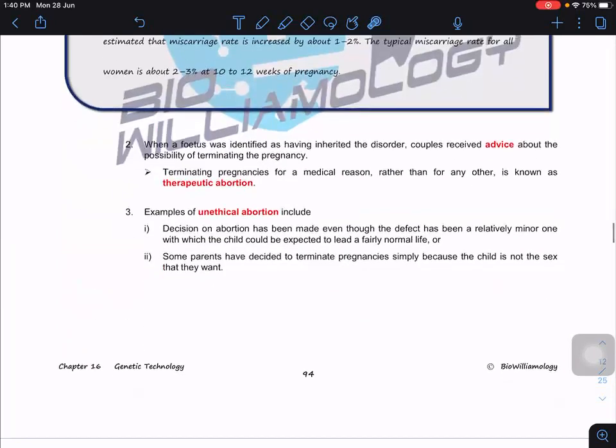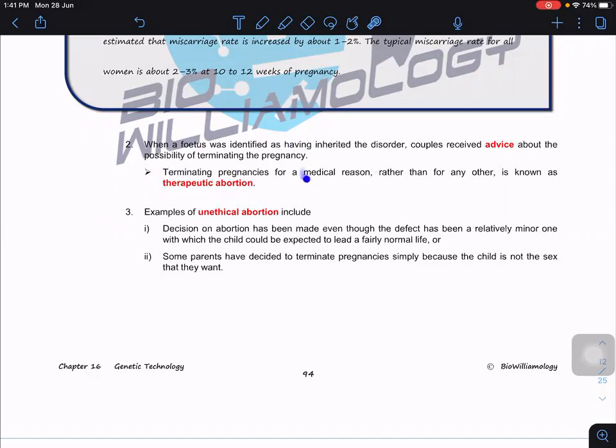When the fetus is identified as having an inherited disorder, the doctor advises whether to terminate the pregnancy or not. Termination of pregnancy for a medical reason is known as therapeutic abortion. It is not simply because of unprotected sex and then having kids; that is not called therapeutic abortion.